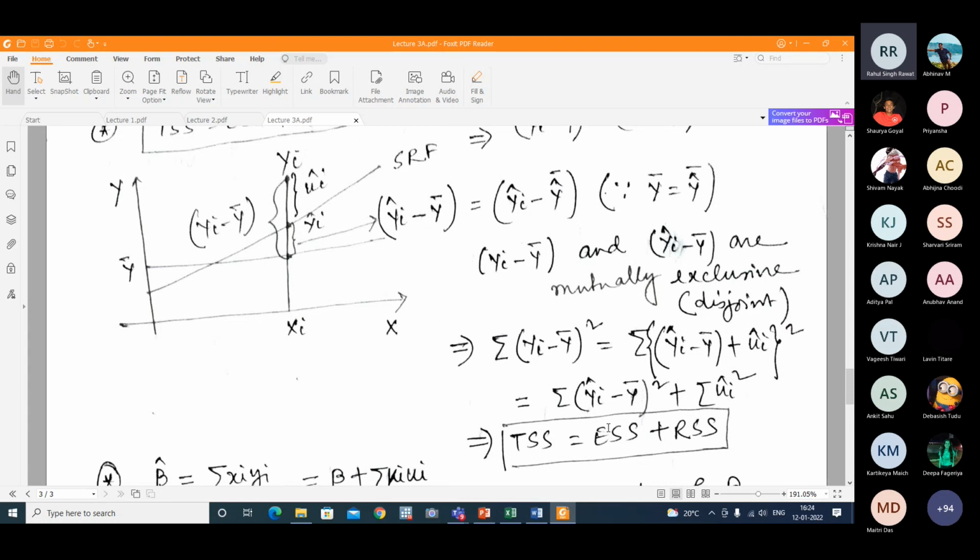So the consumption expenditure may differ depending on many other factors, along with income, of course.